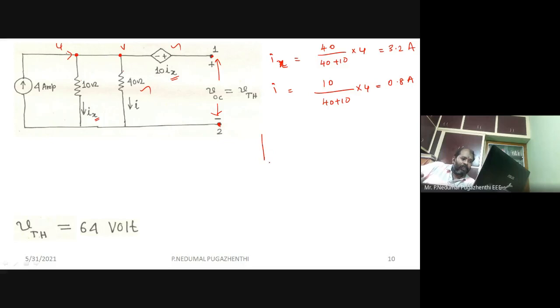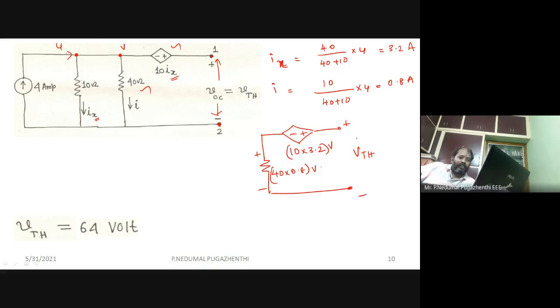I will take this separately and I will try to draw it. So I have a voltage value here, minus plus, this is plus minus, okay, this is V Thevenin, and this is 10 into Ix. What is Ix? Actually 3.2. So 3.2 volts, and this is 40 into I. What is the value of I? 0.8. So 0.8 volts. This is plus minus.